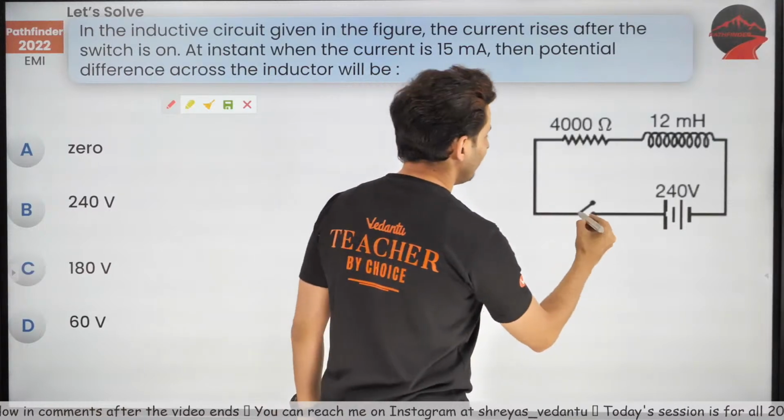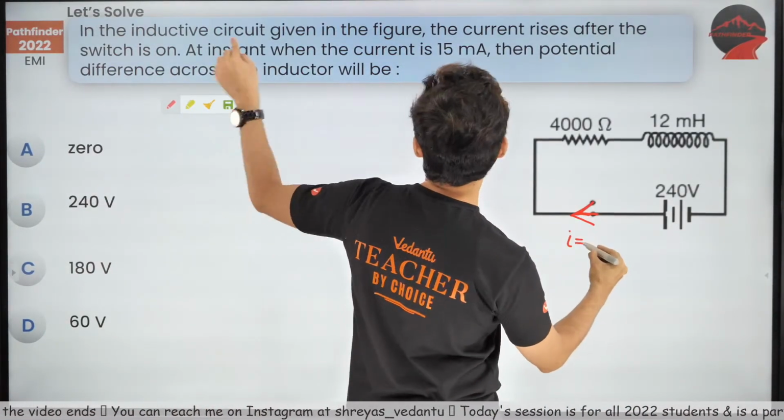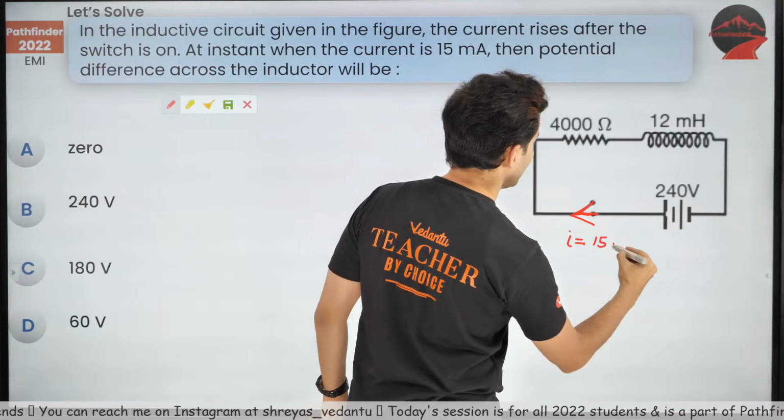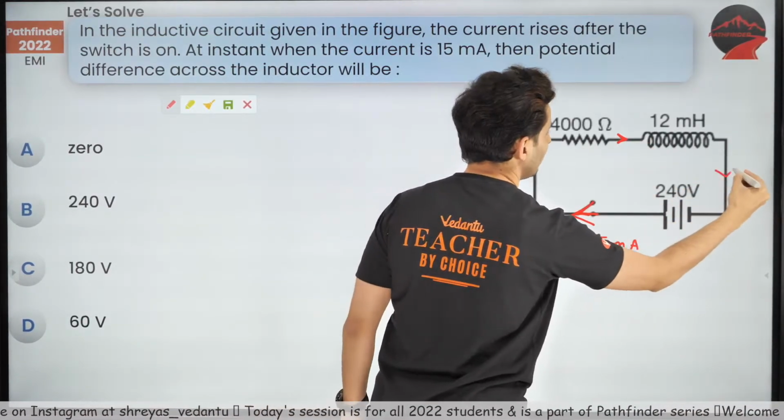First of all, when you close the switch, the current will start flowing, and that current was 15 milliampere. The same current will flow here, and the same current will flow here.